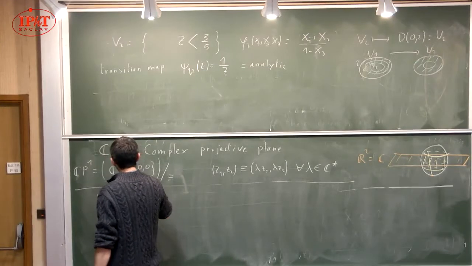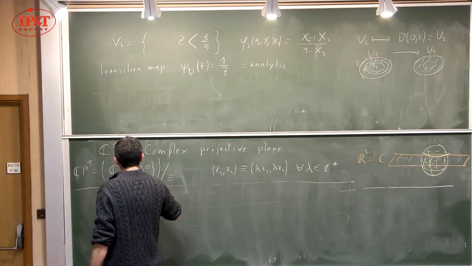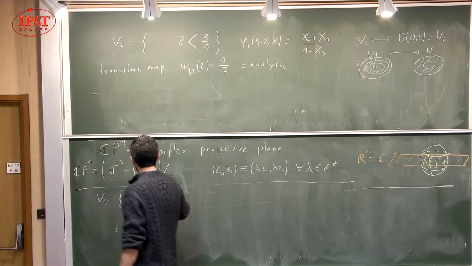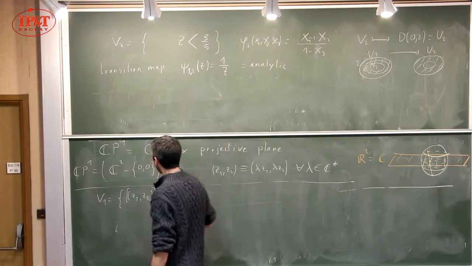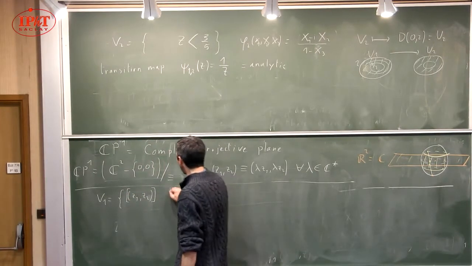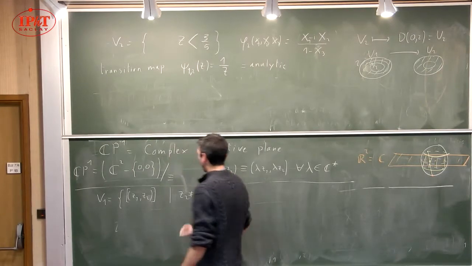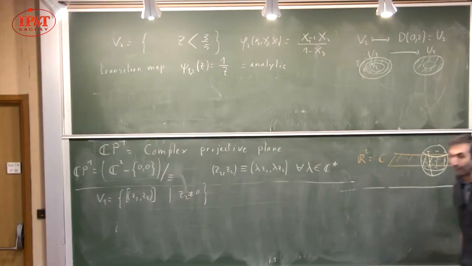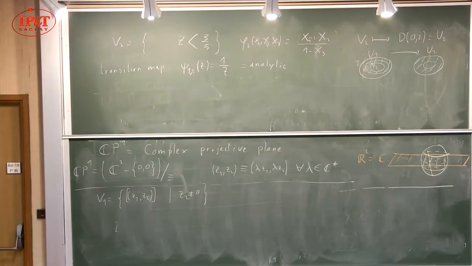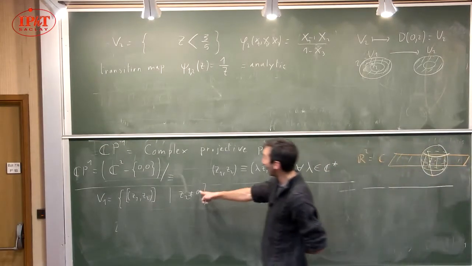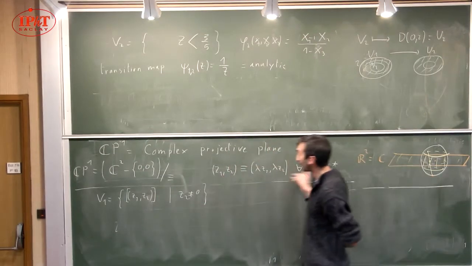an open set which is the set of equivalence classes of Z1, Z2 such that Z2 is different from 0. This is an open set of CP1. This is well defined because Z2 different from 0 goes to the quotient.